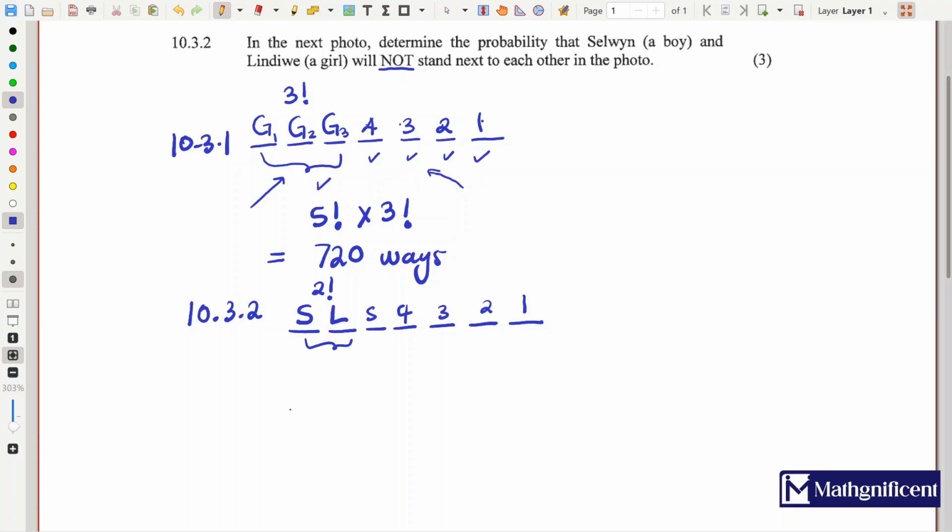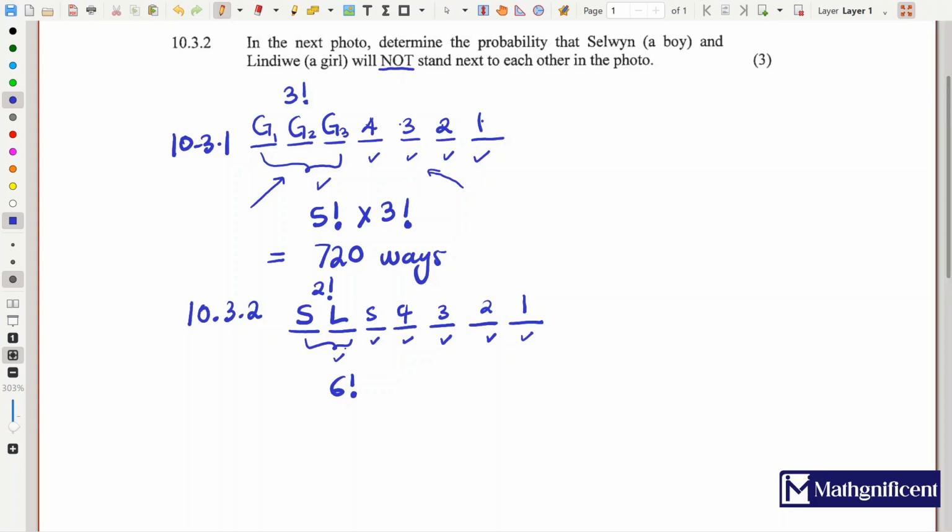But remember, I want to treat these 2 as an item. So how many items am I going to have? 1, 2, 3, 4, 5, 6. So this is 6 items in total, and these 6 items can be arranged in 6 factorial ways.